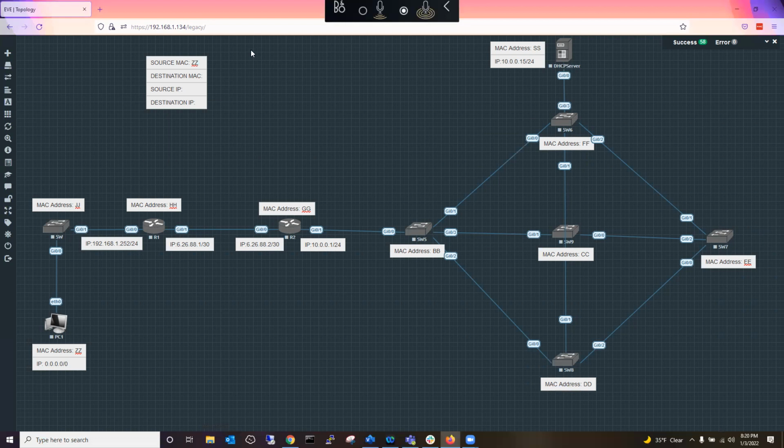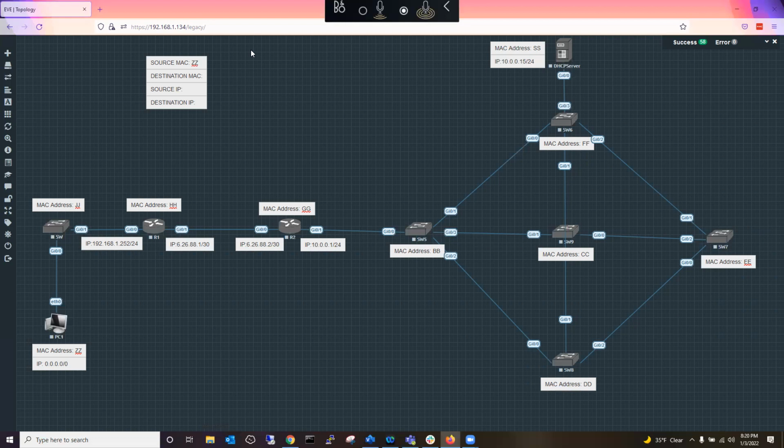Good. Let me ask you this. Let's say all the router has is just an IP address. It doesn't have anything else configured. How is the packet from PC1 going to know how to get to the DHCP server?